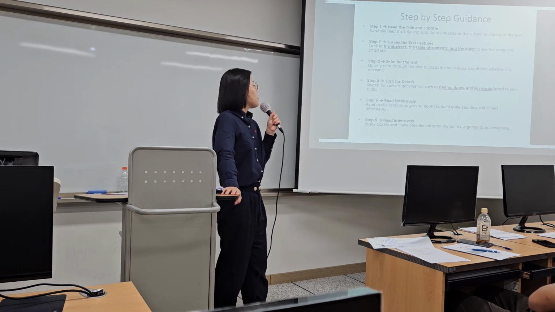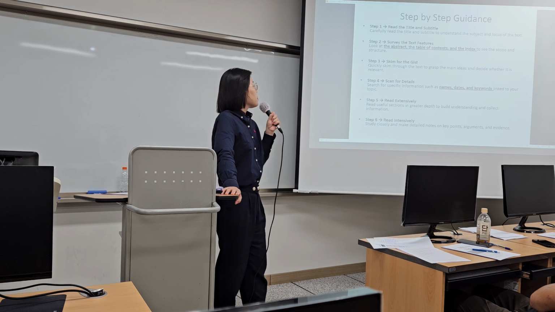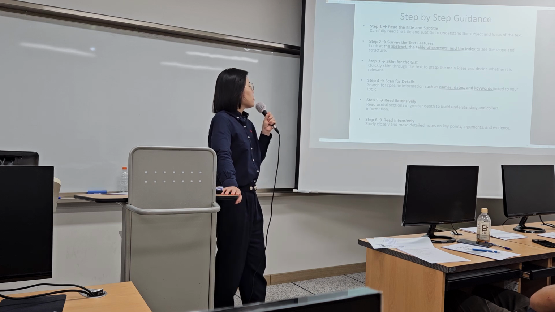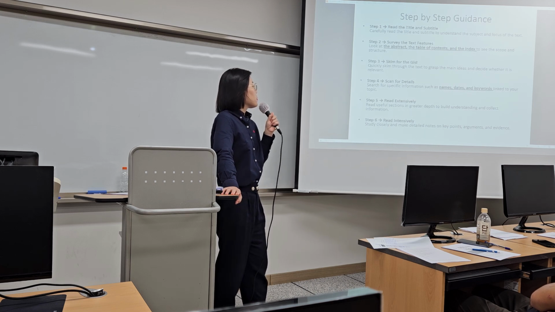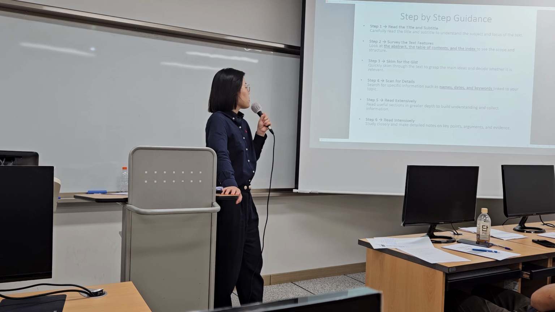Step 3. Skim for the gist. Quickly skim through the text to grasp the main ideas and decide whether it is relevant. Step 4. Scan for details. Search for specific information such as names, dates, and keywords linked to your topic.